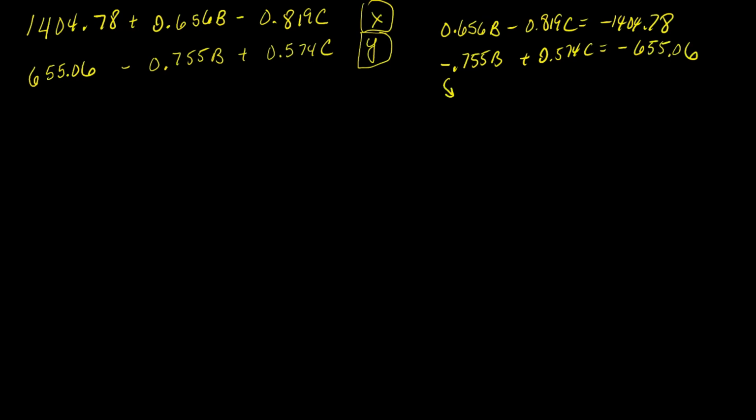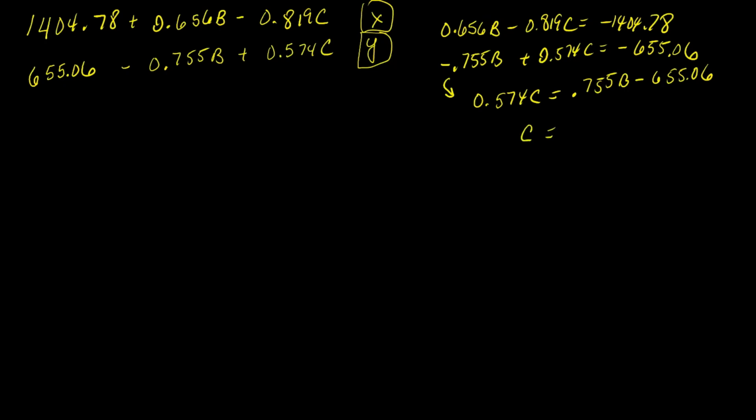Okay, let's solve for C in terms of B. I'm going to have 0.574 C. I'm going to take this 0.755 to the other side, be a positive 0.755 B minus 655.06.